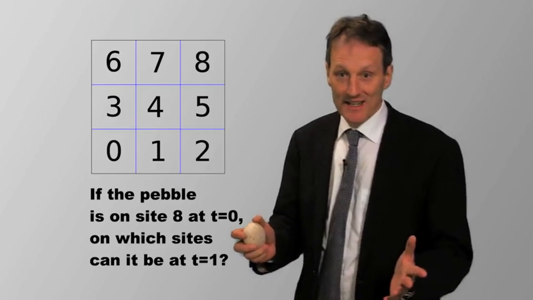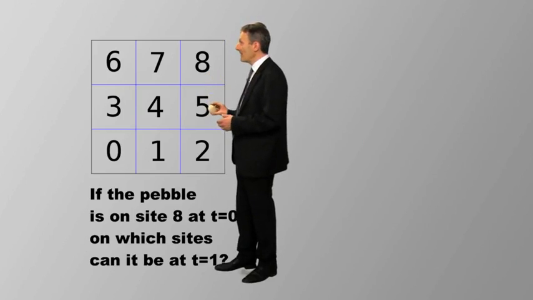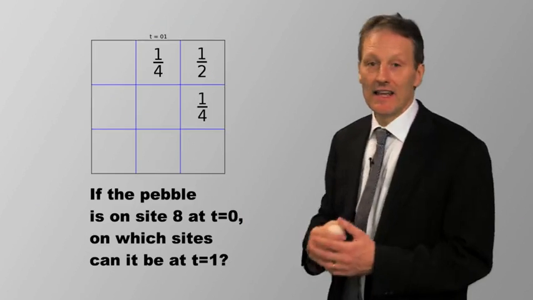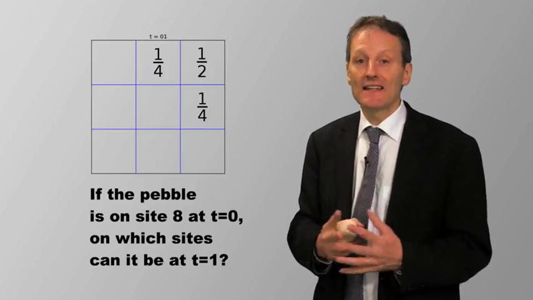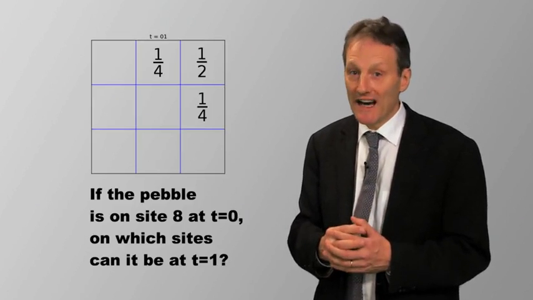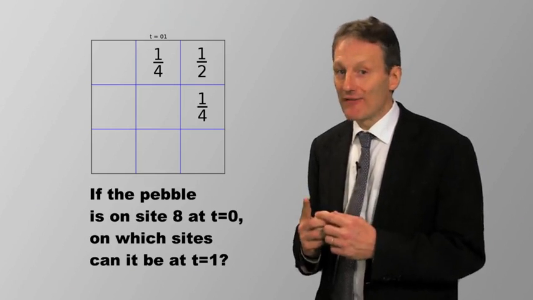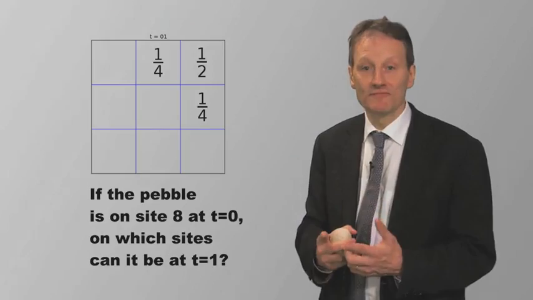Of course, it can be on the sites 5, 7, and 8. In fact, the pebble will remain on site 8 with probability 1/2, and it will move to sites 5 and 7 with probability 1/4 each.